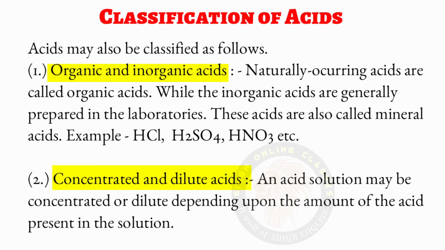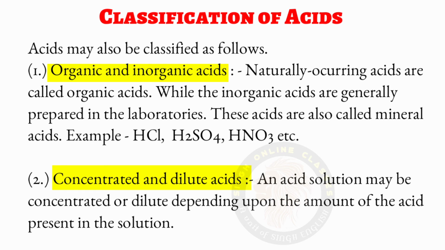Now acids may also be classified as follows. First one is organic and inorganic acids. Dear students, basically all naturally occurring acids are said to be organic acids. Inorganic acids are those which are used in laboratories. Example, hydrochloric acid, sulfuric acid, nitric acid. These acids are also said to be mineral acids.